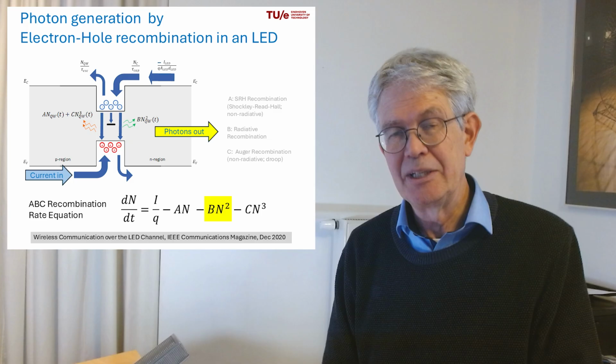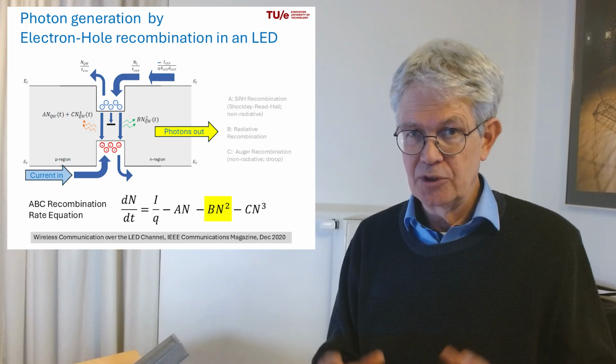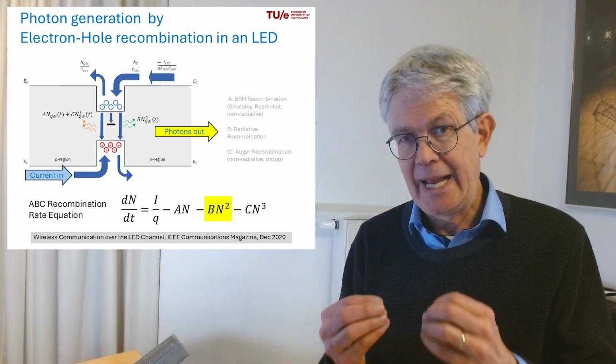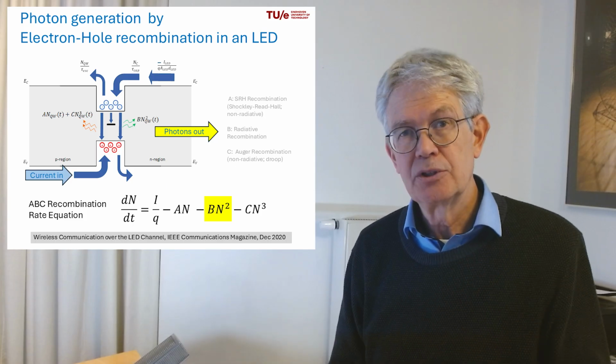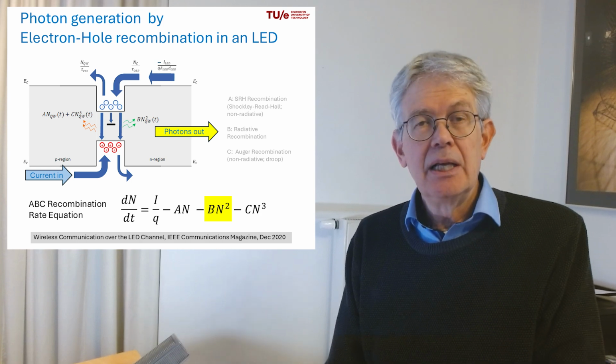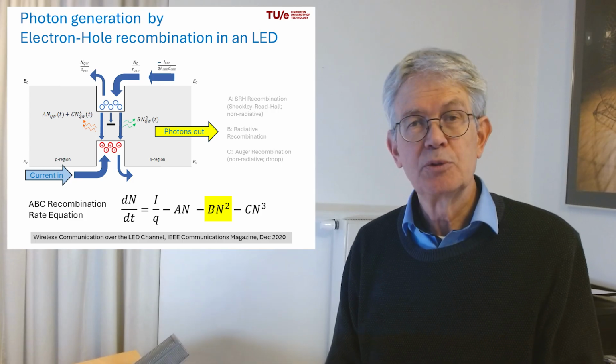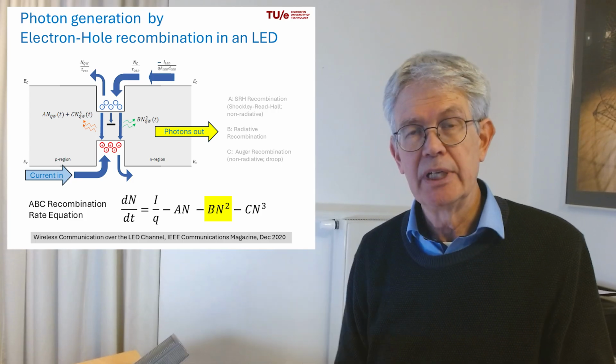Now, let's study that in more detail. And let's call the number of holes and electrons in the quantum well n. The number of electrons, but also the number of holes, are n. And then the change of the hole-electron pairs is of course proportional to the current that we feed in.